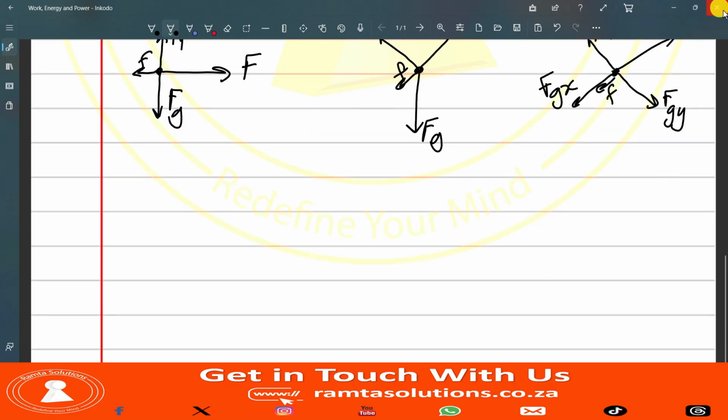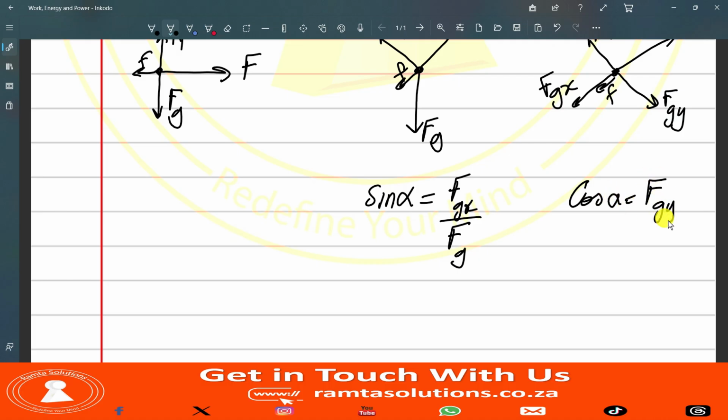Now for this one, when you resolve the gravitational force, I said the angle is alpha, so sine alpha is F sub gx over F sub g. And you can also say cos alpha, not theta, we said alpha, is equal to F sub gy over F sub g.